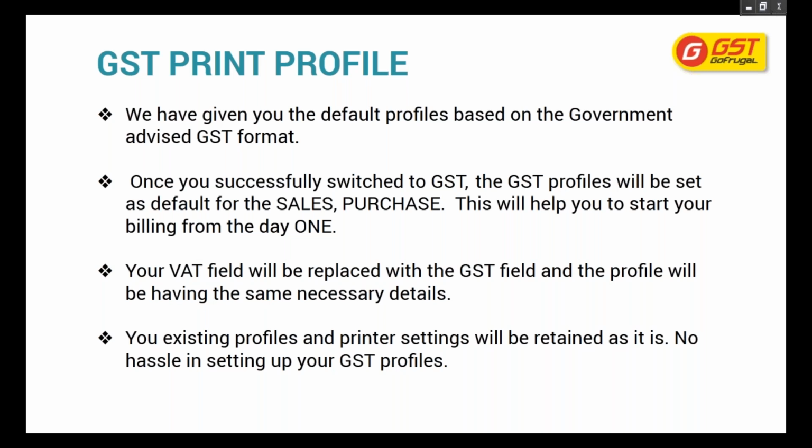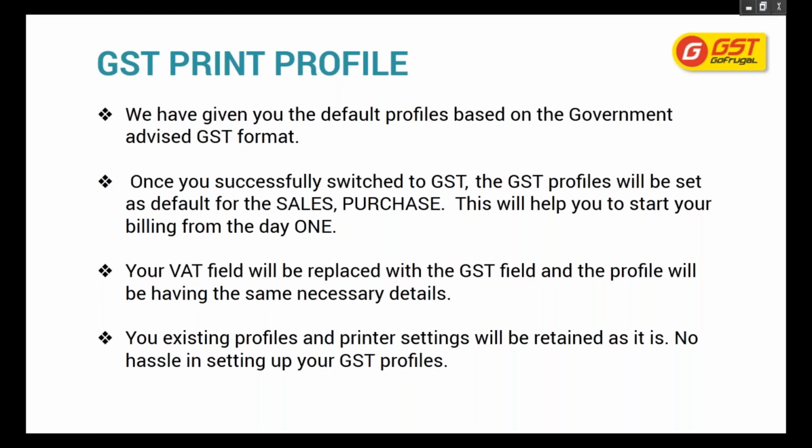Once you upgrade your POS to the GST mode, to help you get GST billing immediately, we have made one major change. If you are using VAT related details in your existing print profile, it will directly migrate into the GST.